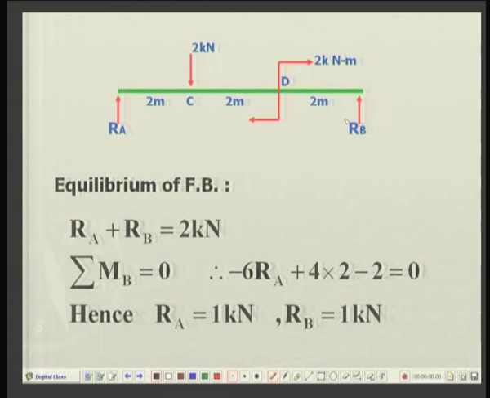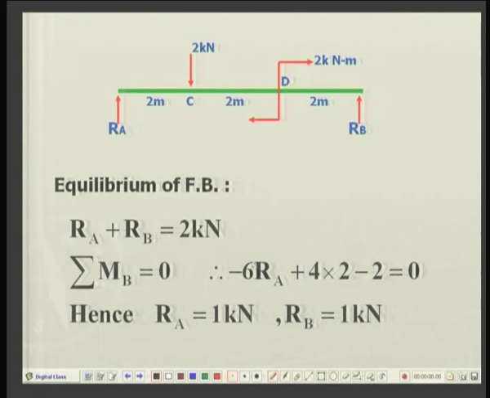First part is you can determine the reactions by considering the entire beam as a single free body. R A plus R B is equal to 2 kilonewtons, because the sum of the vertical forces is equal to 0, and similarly take moments about either point A or point B. Here I have taken it about point B; the total length is 6 meters.